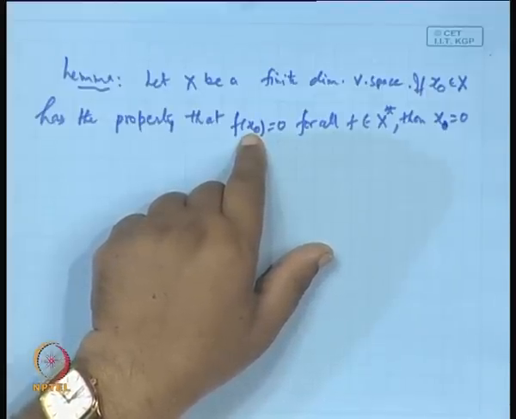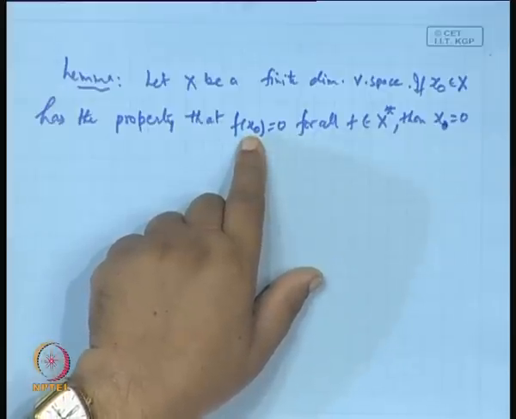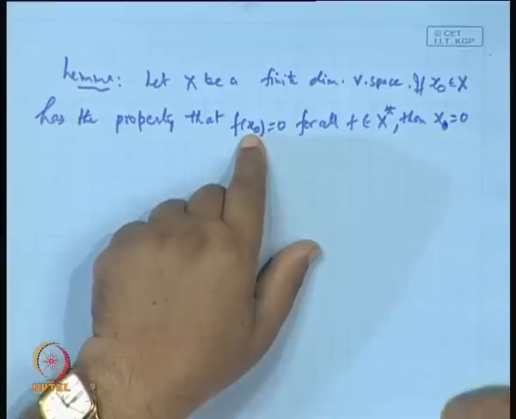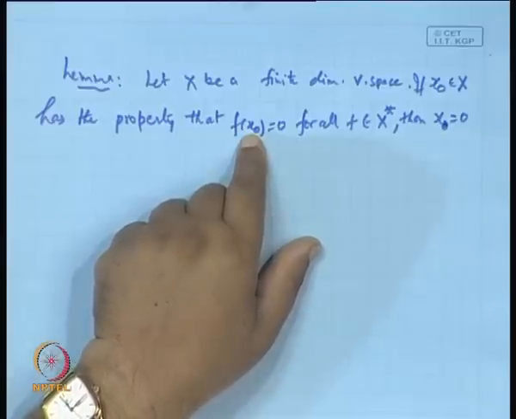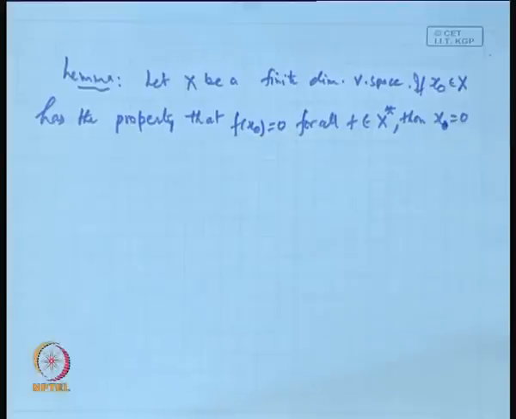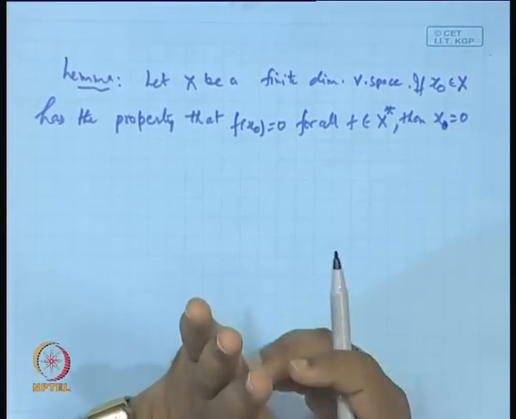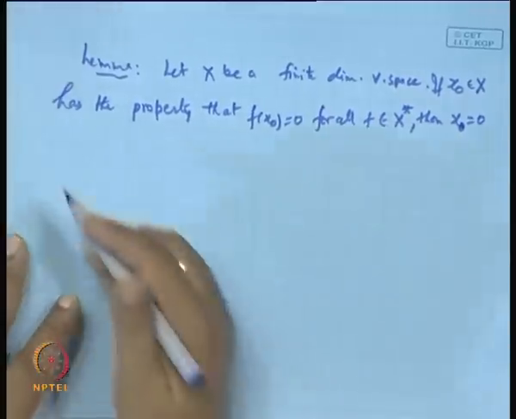It is not possible. The only possibility is that if f is the zero functional, then the image of any element will be 0, but here x is fixed, the point is fixed. We are choosing the images under different f. So there is a possibility that a few images may go to 0, but if it is 0 for all such f, it means the point x naught has to be 0. So that is the result. Is it clear? The proof is again simple.